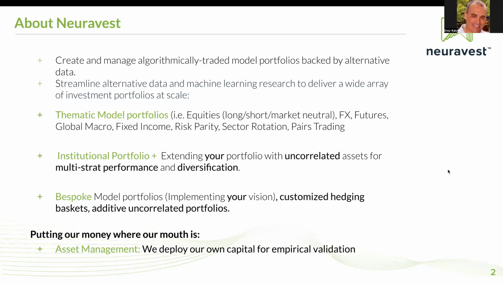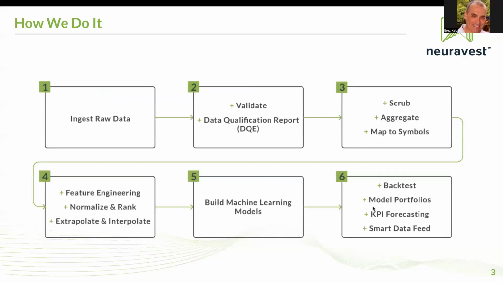Okay, let's get to how we do it. Essentially, the process is very clear. We ingest data. We have a pretty robust data validation engine. We validate it through our artificial intelligence, mostly superficially initially, to make sure there's no high degree of missing data. It's contiguous. There's no survivorship bias in the data.